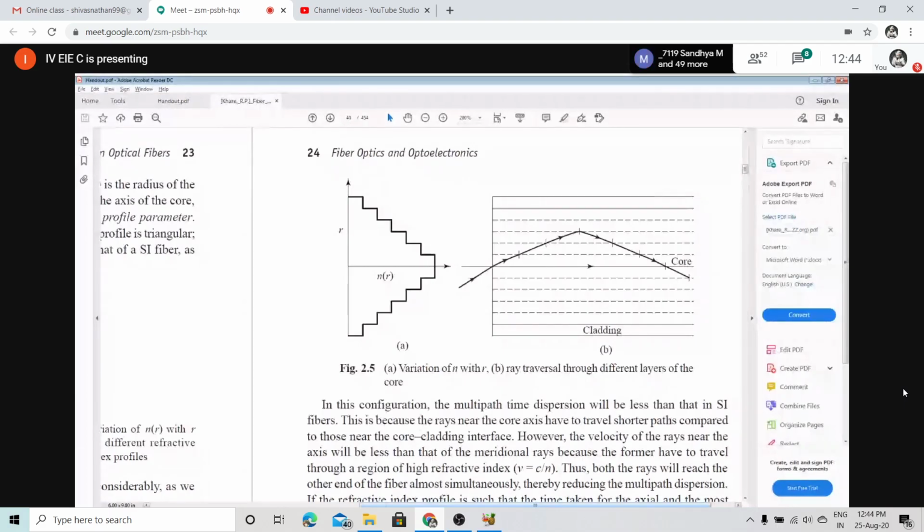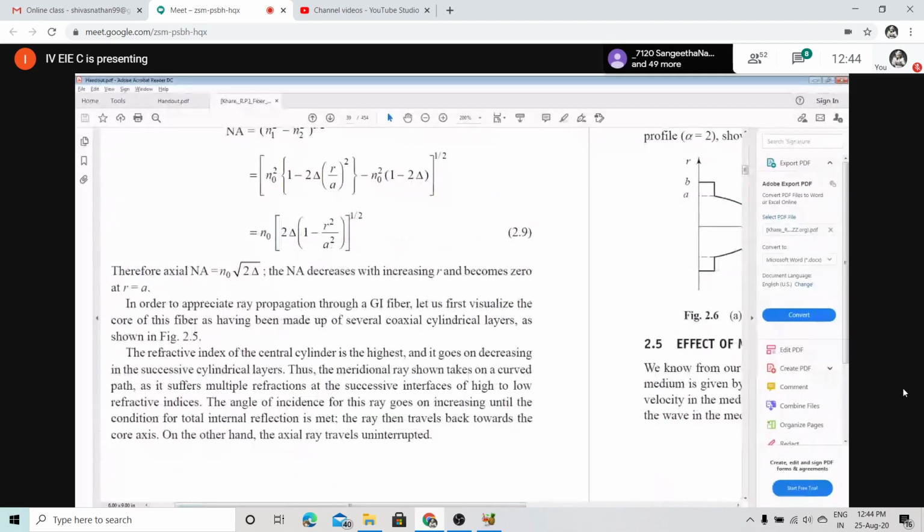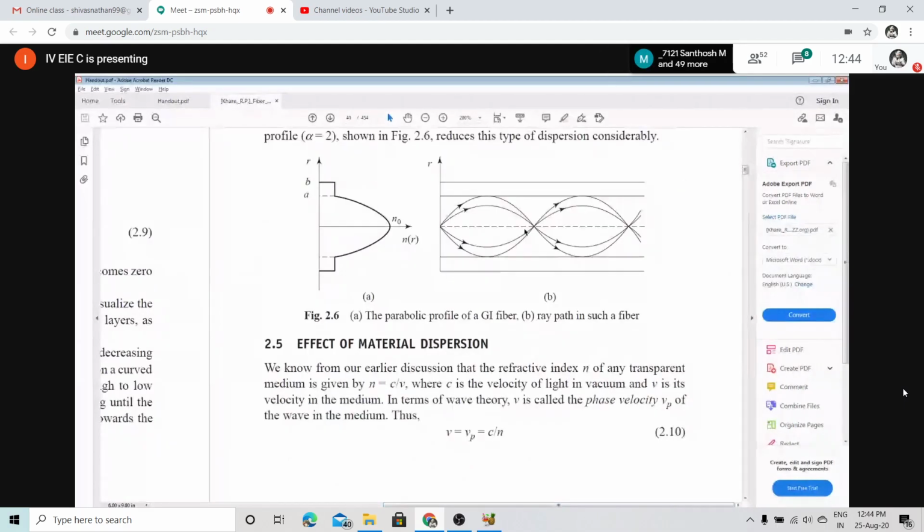Your light rays will travel like this. Figures 2.6a and b, where the ray path is shown, are your example of how the light rays travel inside.